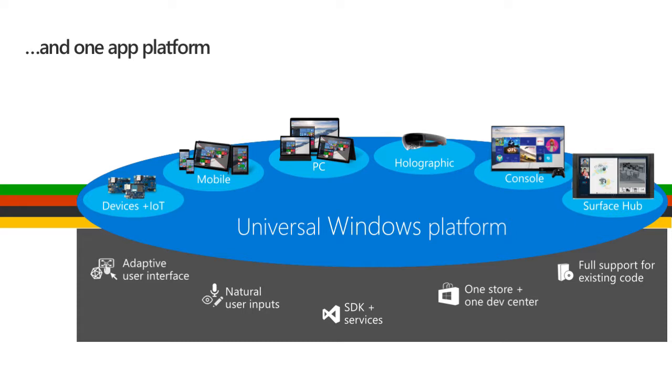For the app builder, this also means that you can build one Windows solution that runs across all the Windows device families and use these Windows services to tailor your experience at runtime.